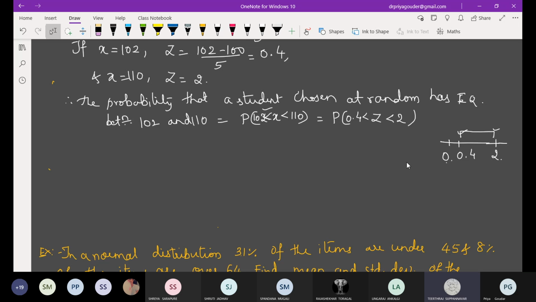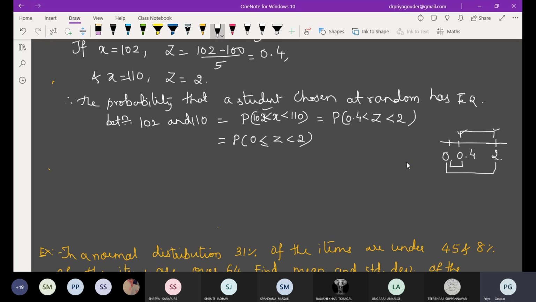0 to 2 minus 0 to 0.4. Very good. Let us take 0 to 2, the big interval. How much have we taken extra? Isn't it 0 to 0.4? Subtract that. So the probability of 0 less than Z less than 2. Including or not including won't matter in integration. So I'm taking from 0 to 2.